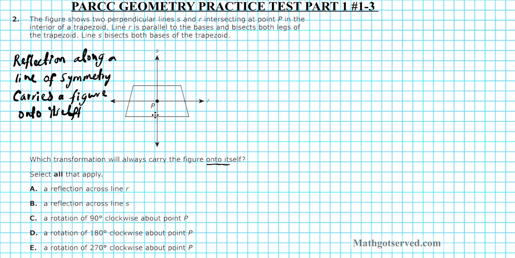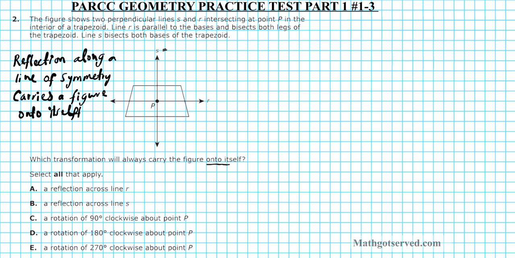So if you look at these two lines, which of them is a line of symmetry? Which line divides this figure into two identical parts? Or think about it: if you fold this paper along these lines, which one will give you two identical pieces? If you take S, take a look at S. If you fold this, you notice that these two vertices will fall on top of each other.